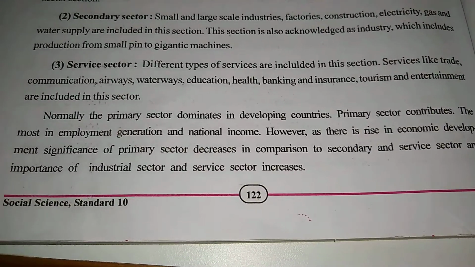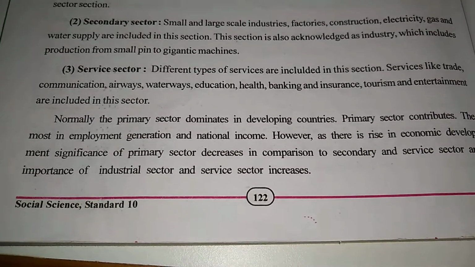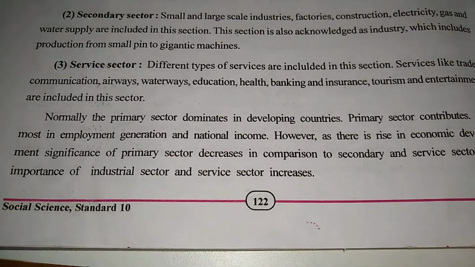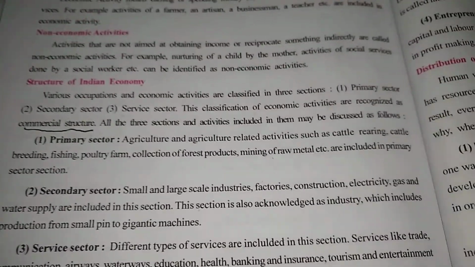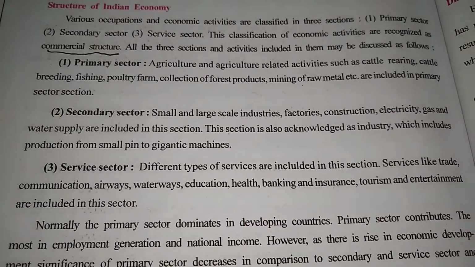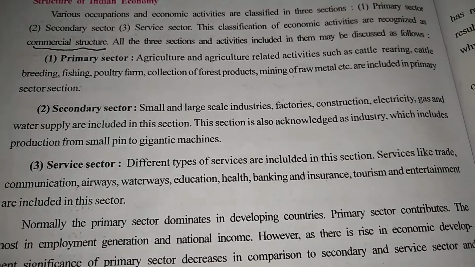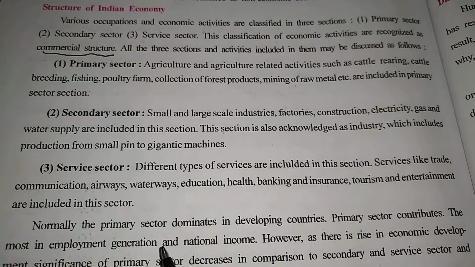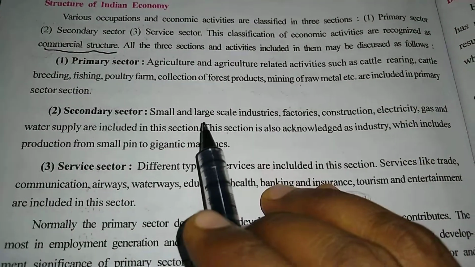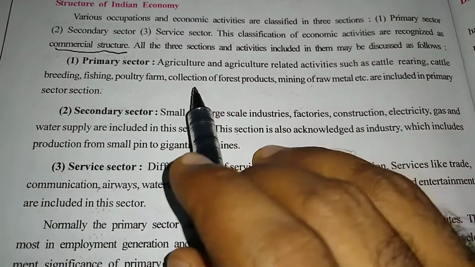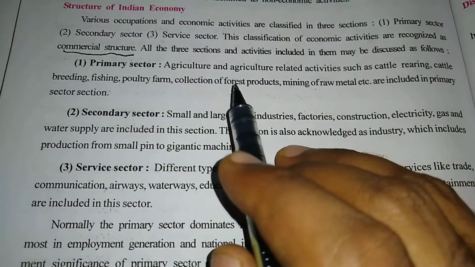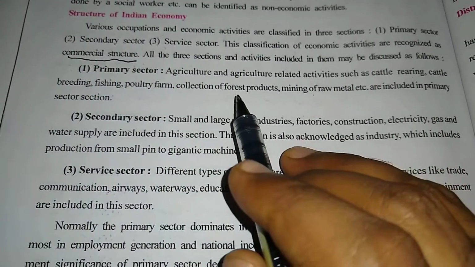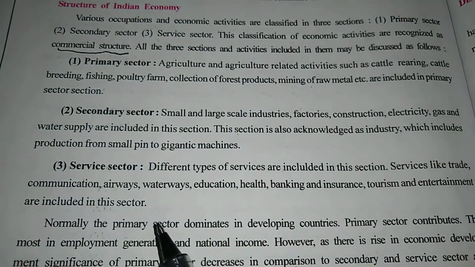Now we go for one example so that you understand all three sectors together. For example, I go to the forest, and in the forest I collect wood under the permission of the government. I cut the trees and collect the wood. So cutting the trees and collecting the wood, that is the primary sector.